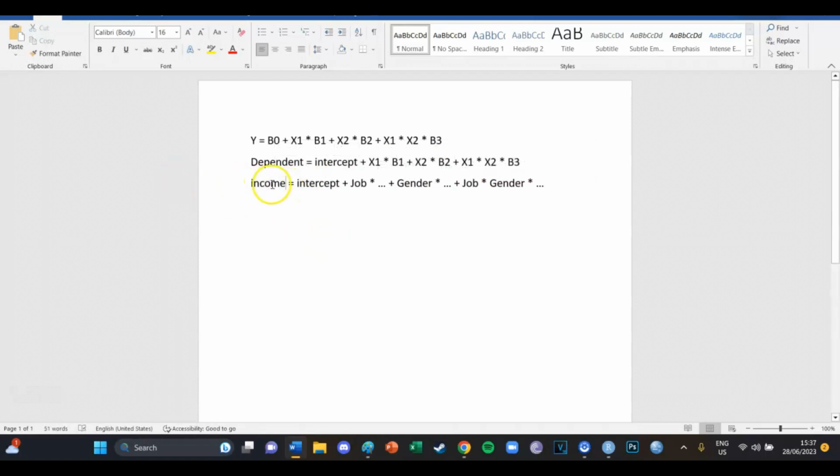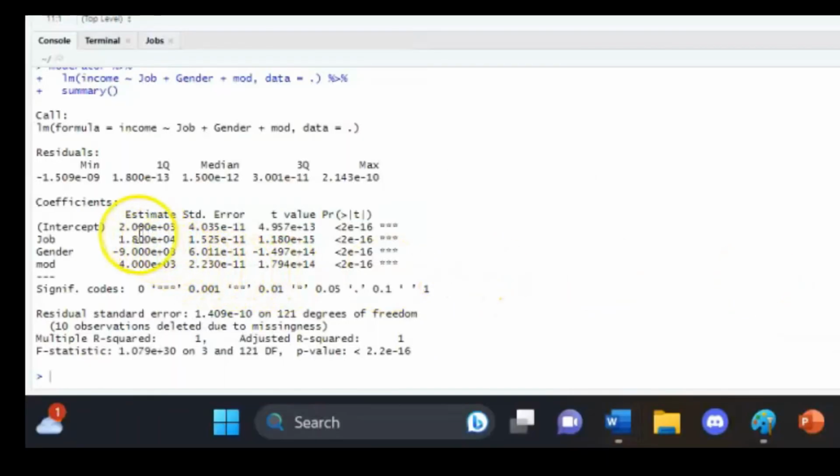So income is the intercept, which, if we look at our R model, was 2,000.